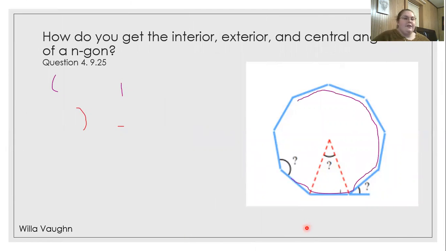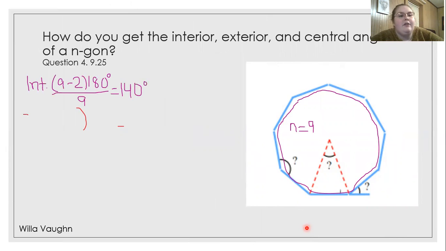All right, so for question 4, how do you get the interior, exterior, and central angles of an n-gon? So as you can see, my math is obviously coming up. N is still equal to the number of sides, and we counted over here, n equals 9. So your interior angles equation is n minus 2 times 180 over n.